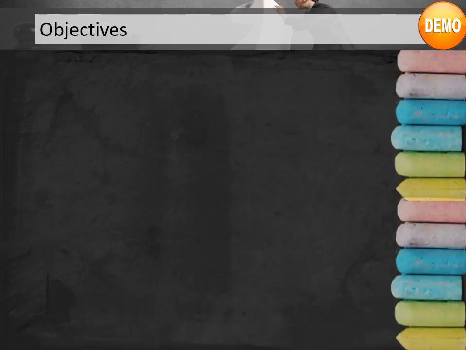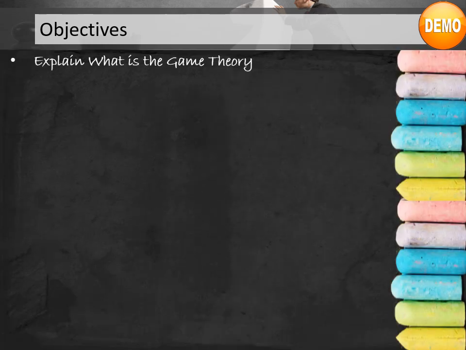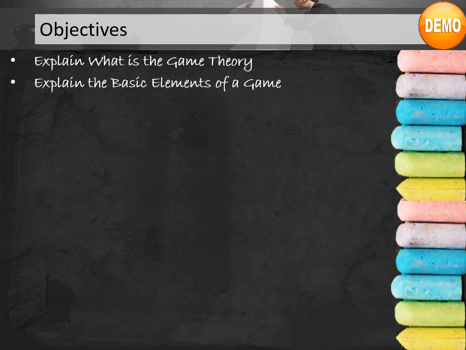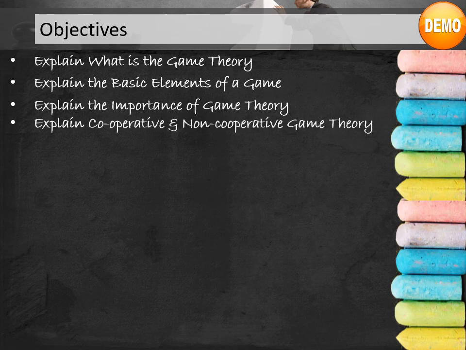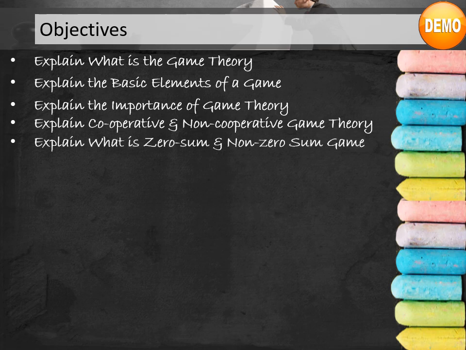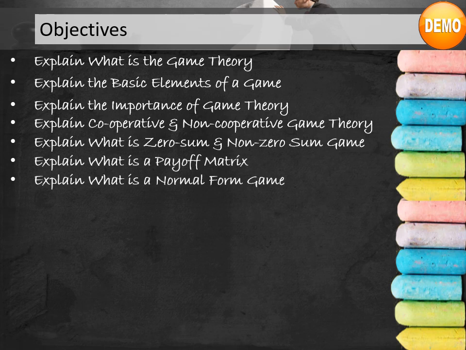Let's review the course objectives. Explain what is the game theory. Explain the basic elements of a game. Explain the importance of game theory. Explain cooperative and non-cooperative game theory. Explain what is zero-sum and non-zero-sum game. Explain what is a payoff matrix. Explain what is a normal form game.